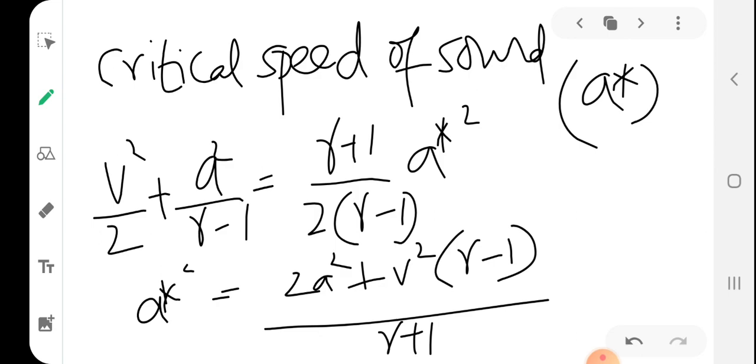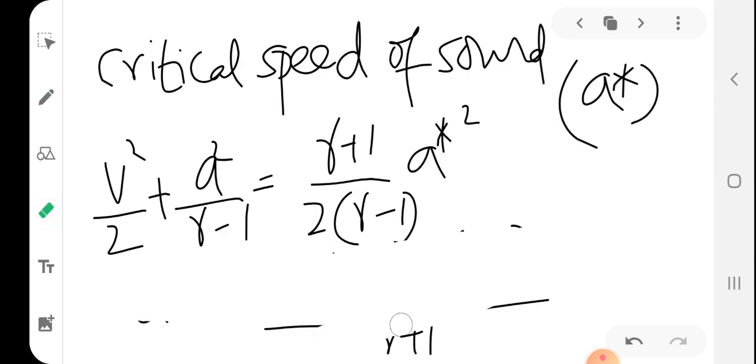So this is the equation relating a star square. How did you get that? I will explain this once more.